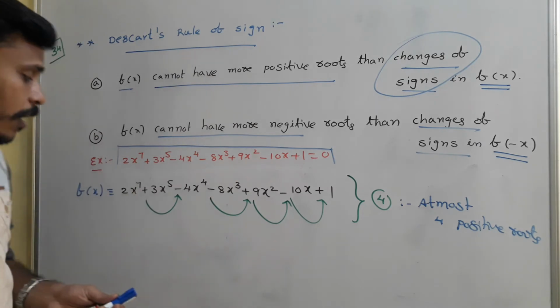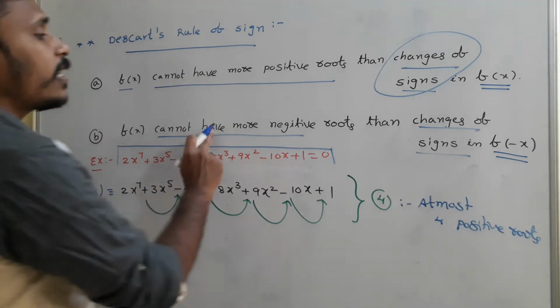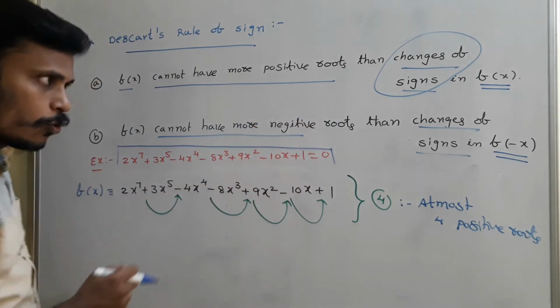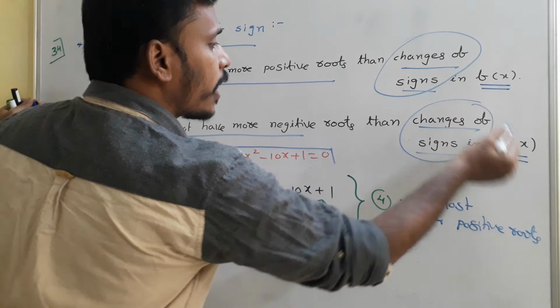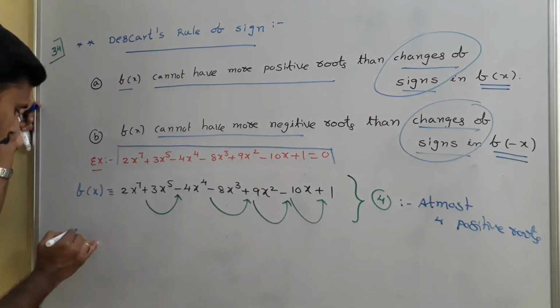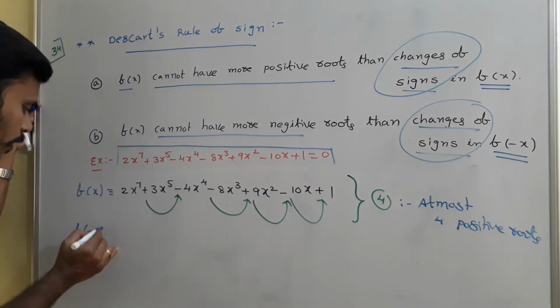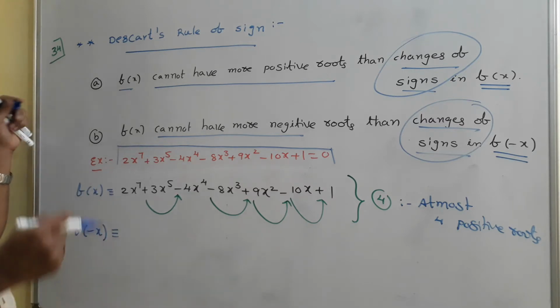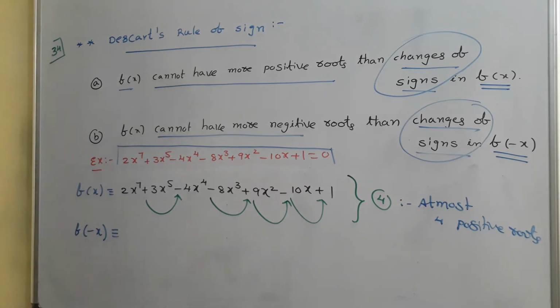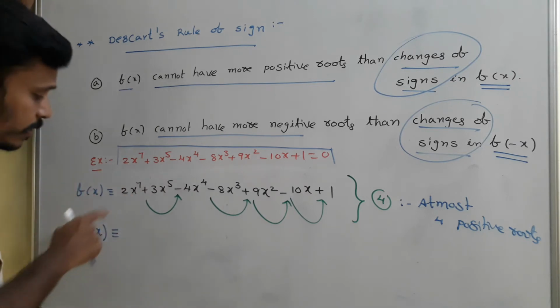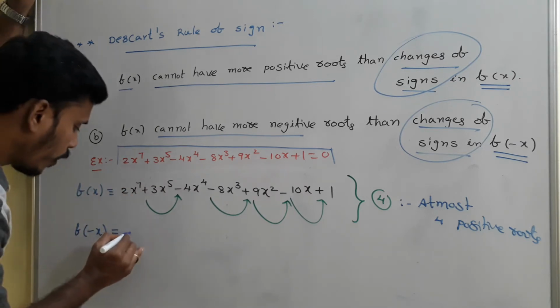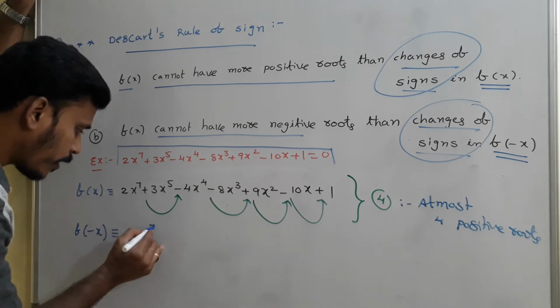One thing is clear. Now to decide the possible number of negative roots, we need to think about the changes of sign in f of minus x. Now you just write f of minus x. What will be f of minus x? f of minus x is simply replacing x with minus x in f of x. Since the power 7 is odd, you will get minus 2 x power 7.